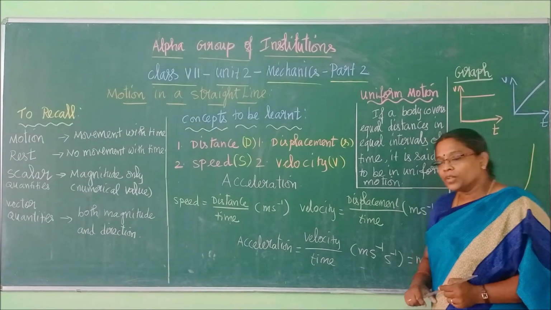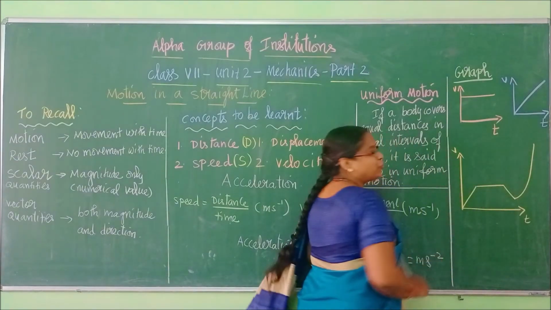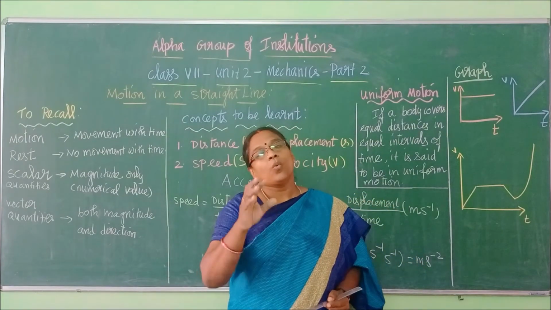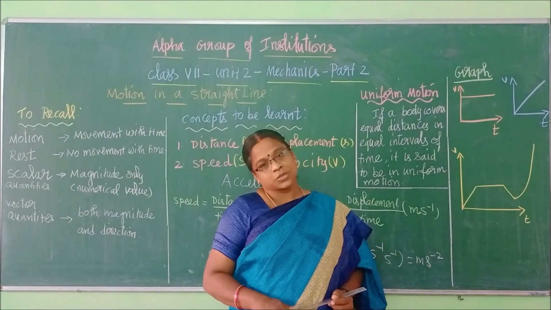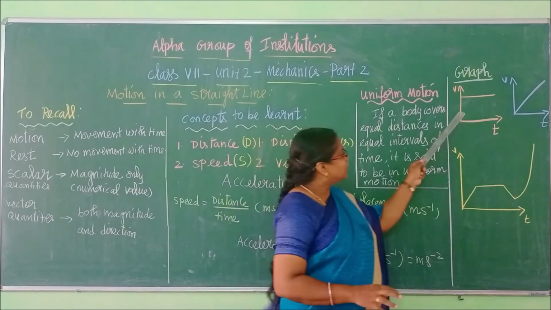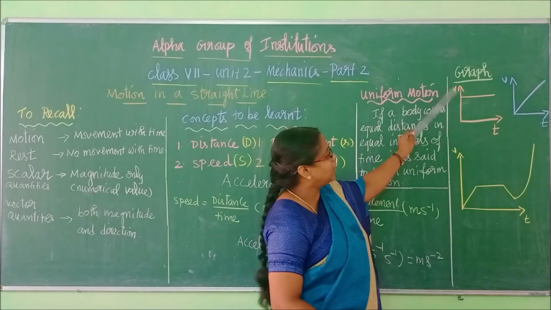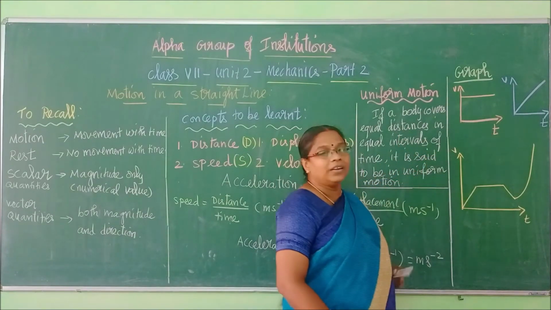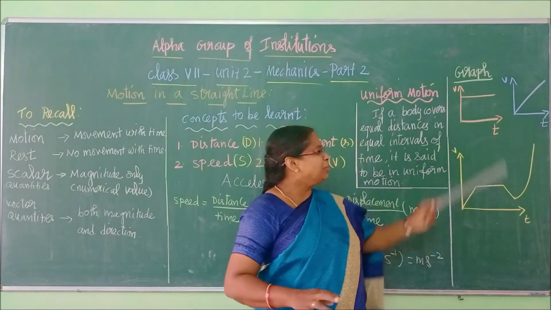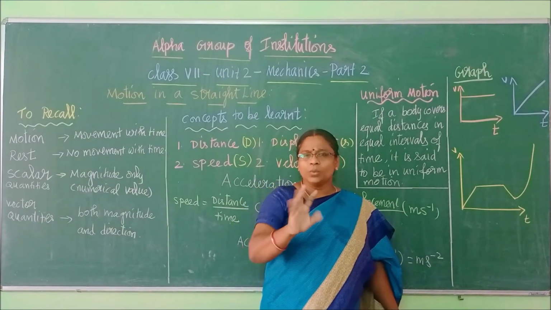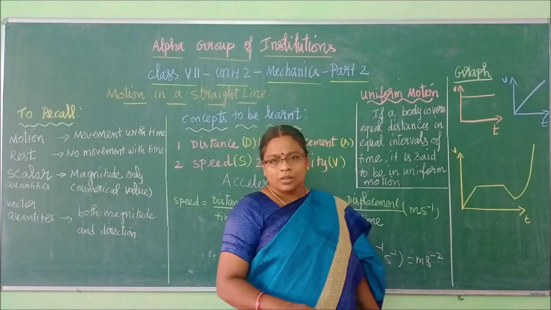Clear, children? Now you have some graphs over here. By seeing the graph itself you can say what type of motion it is. Right? Now see here. On the y-axis I have taken velocity, on the x-axis I have taken time. Simply, children, don't get confused. Think that we are going on a bike with one particular speed.